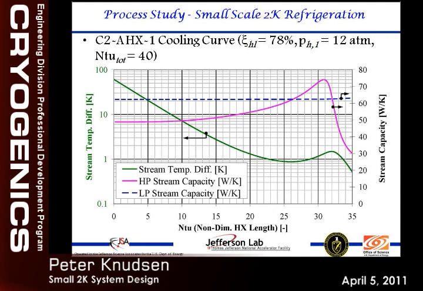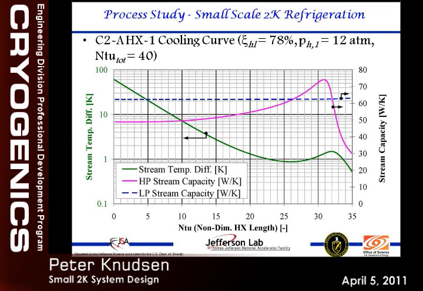This is the warm heat exchanger, so the same idea here. This is at 300K, this is down to 4K right here, and this green curve is the stream temperature difference, and this is the stream capacity.